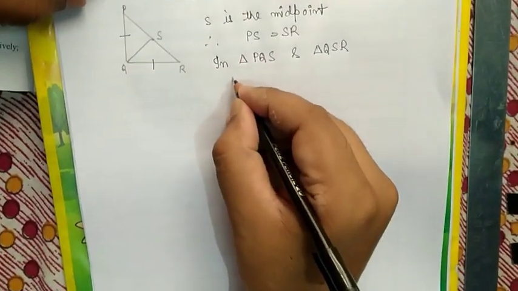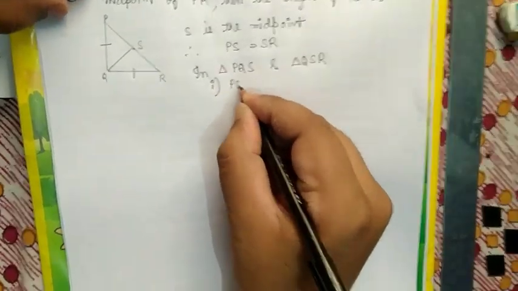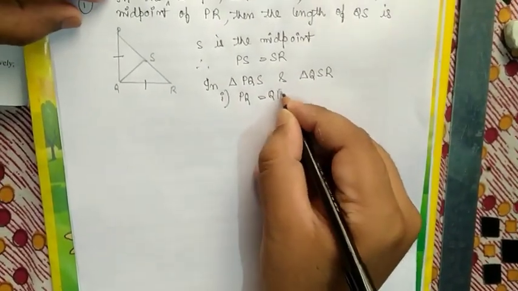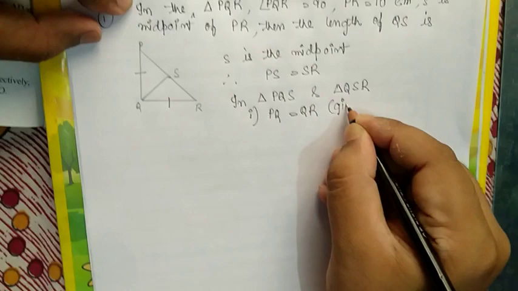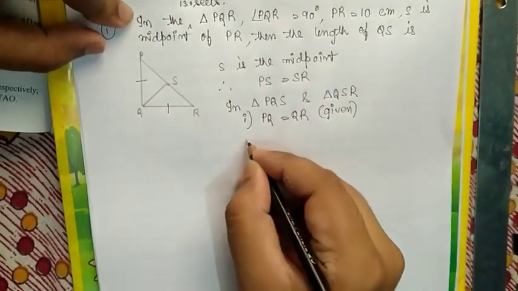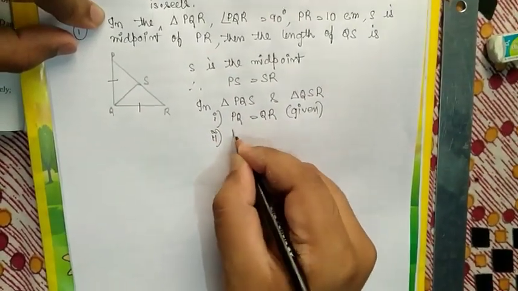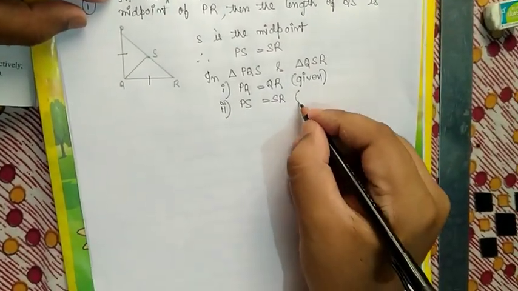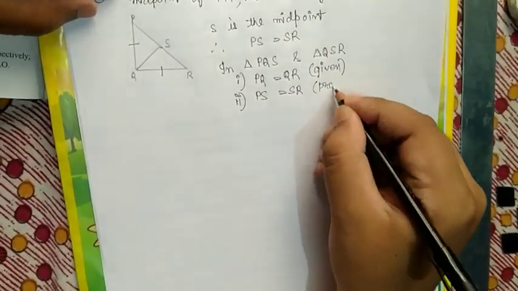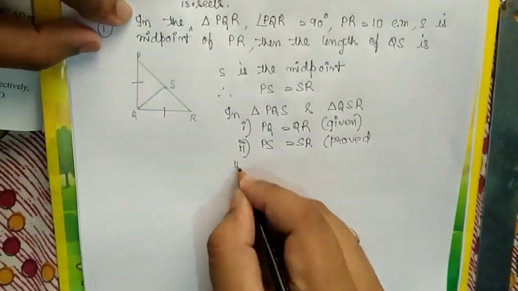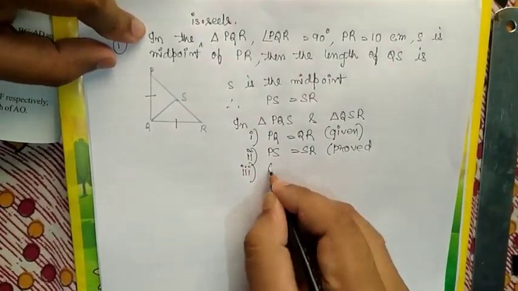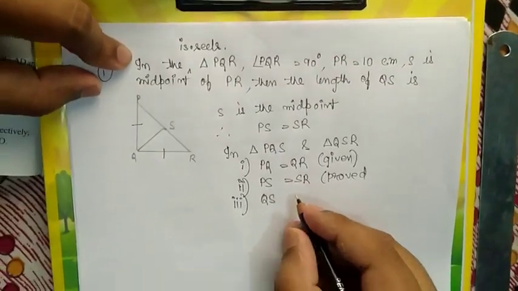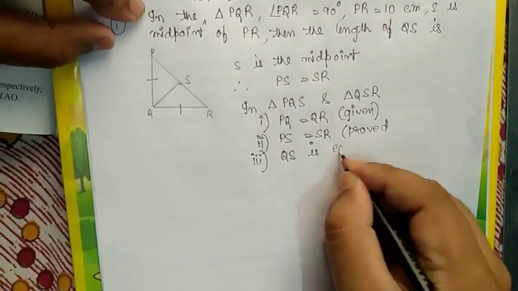So PQ equals QR, given. PS equals SR, proved. And QS is common.